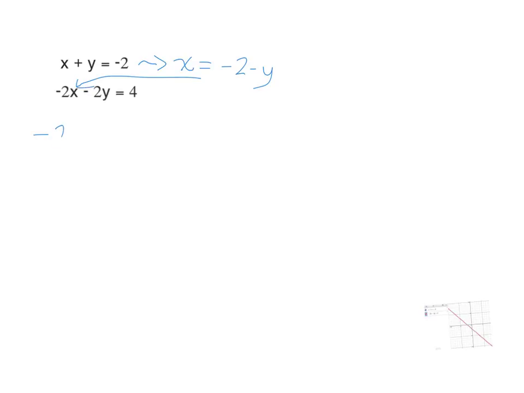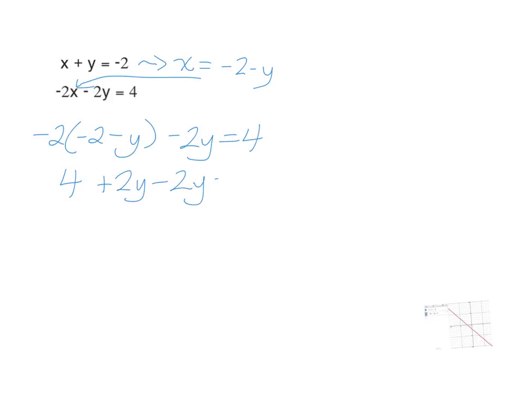So we go negative 2 times negative 2 minus y minus 2y equals 4. Expand. Negative 2 times negative 2 is 4 plus 2y minus 2y equals 4. Simplify. Plus 2y minus 2y is nothing, so I end up with 4 equals 4.